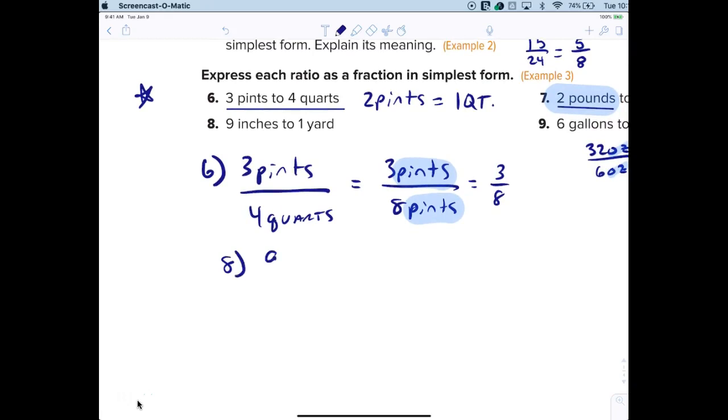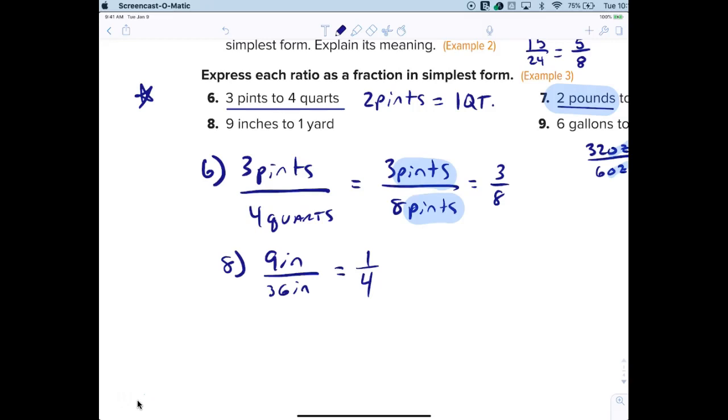We can just say 9 inches to 36 inches, and then we would just go ahead and reduce that down to what? 1/4. All right, I'm pretty happy with that. All right, so the key is just in the translation. You're changing one unit to the other unit. And like I said, I'm totally fine with you using your iPad if you don't know.